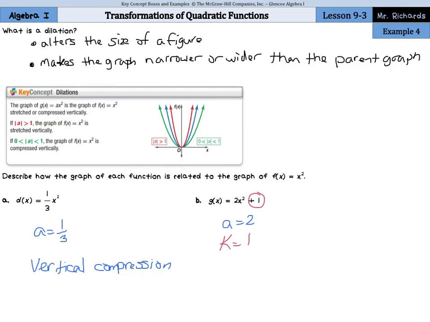So we'll have vertically stretched, but then we need to remember our translation here, so we'll write and translated 1 unit up.